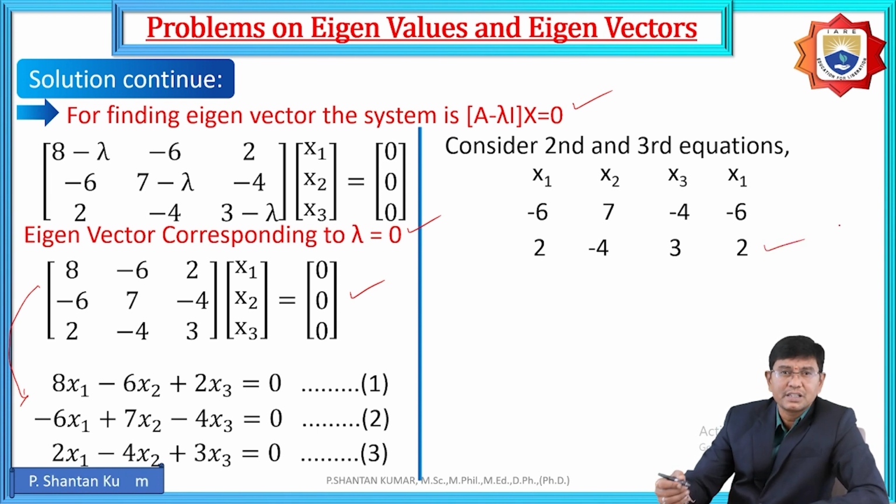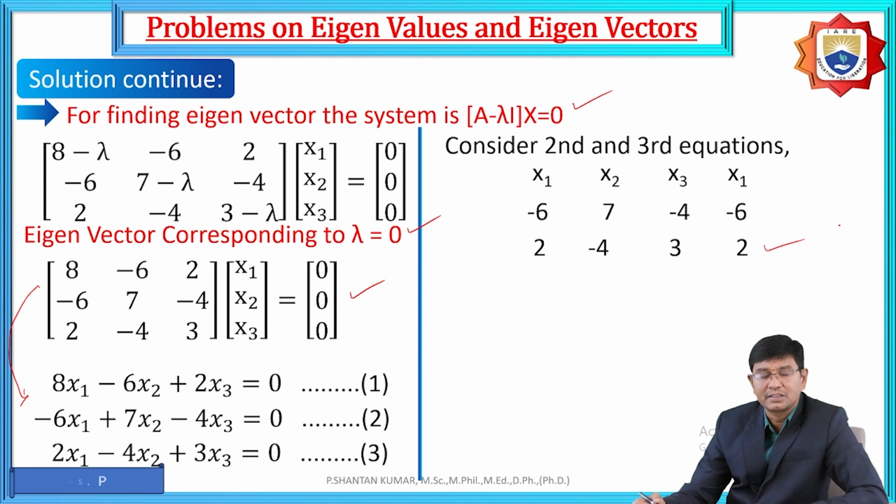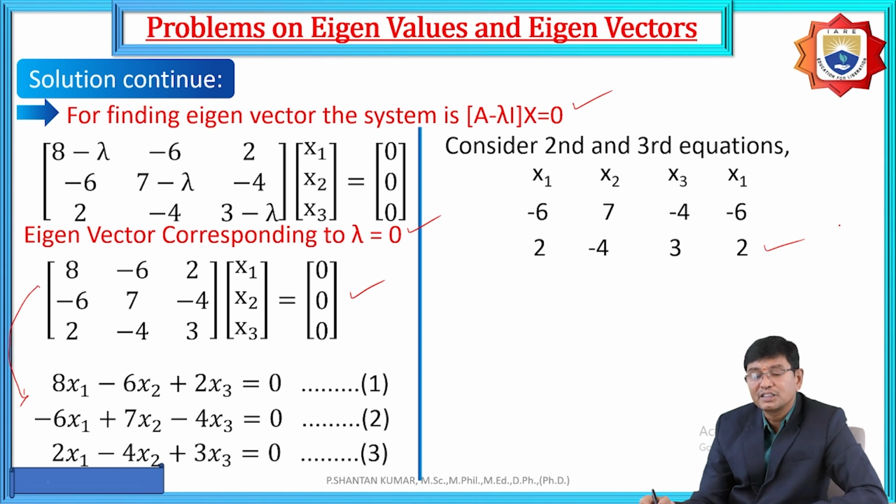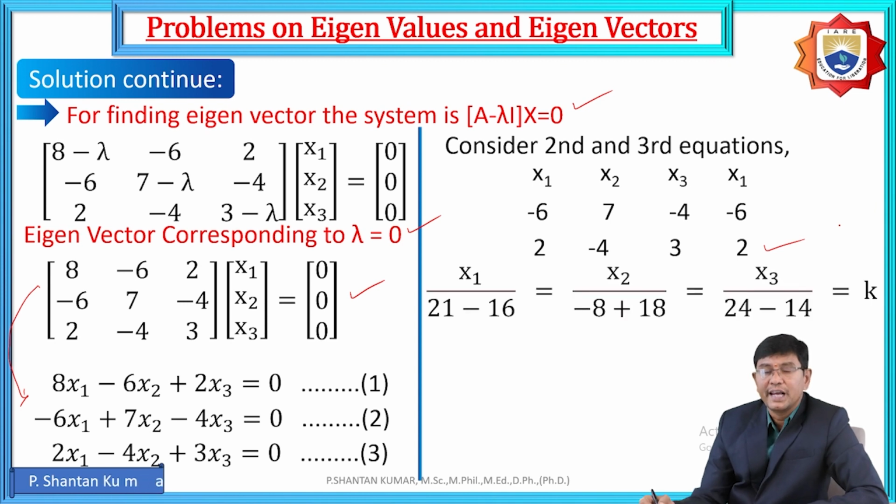Whether we take first and second or first and third, we get the same solution. After considering this, we need to find x1 by, x2 by, x3 by, for example x1 by, and what is the meaning of this x1 by.